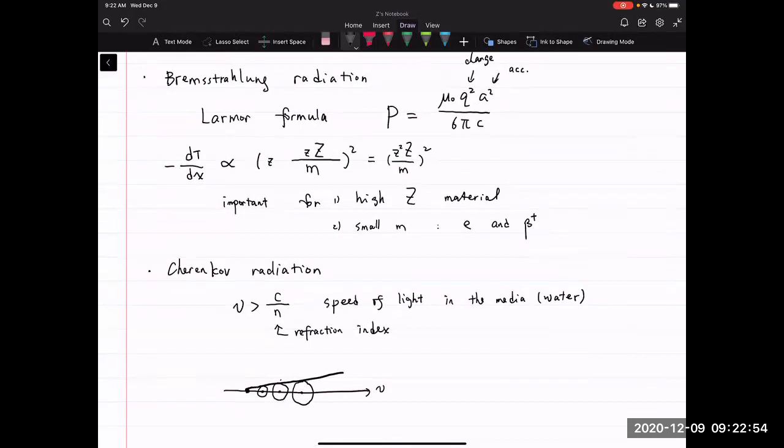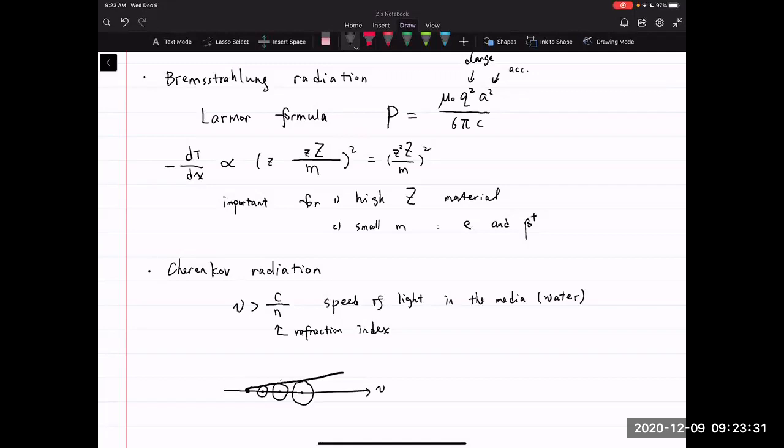And as a nuclear student, you should know that the color of a nuclear reactor pool is blue, and that is exactly due to this Cherenkov radiation. The charged particles generated by nuclear reactions often have very high energy, so their speed can easily be faster than the speed of light in water.